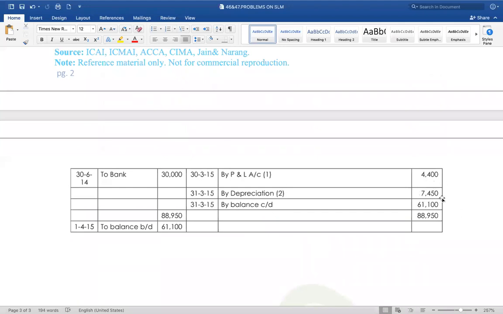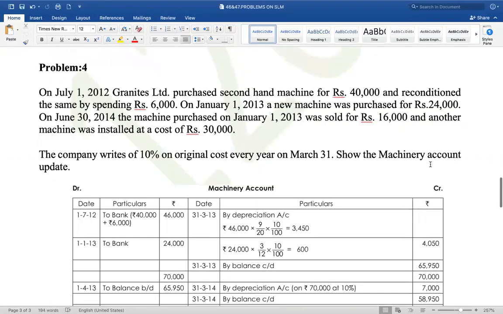7,450, right? And if you deduct this 7,450, look at this, there is 4,400. What is this? This is loss on sale. You bought an asset for 24,000, and 10% depreciation applies.